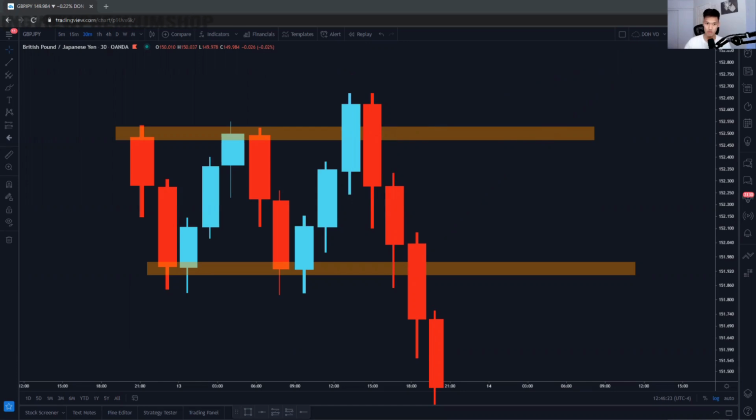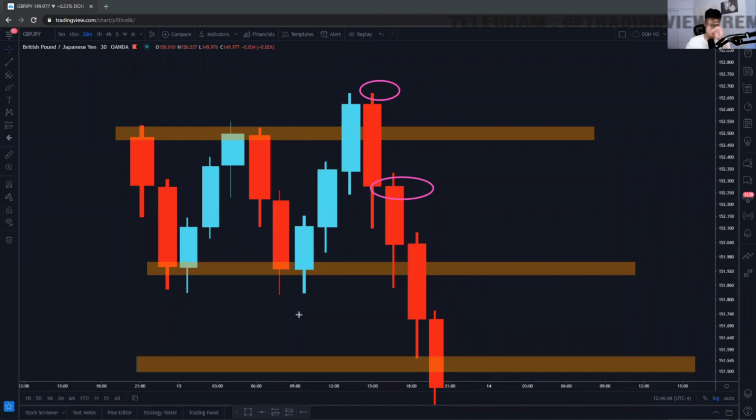So my entry in this case will be roughly around this area right here, around that candle opening, and I'll put my stop loss above the previous candle high. My TP will be either filling the range or coming down towards the next support, which let's say for some given reason there's a support down here. My TP would then be right there.